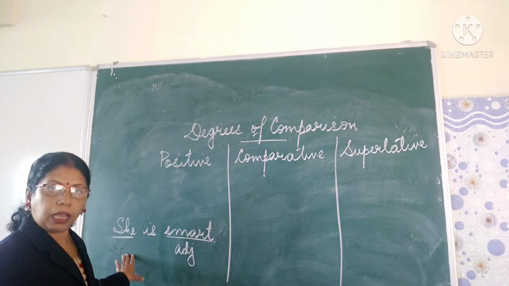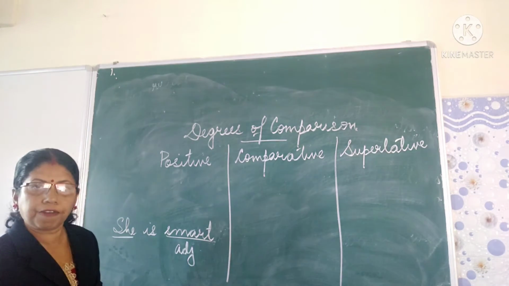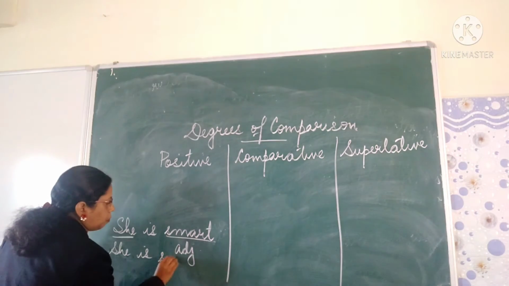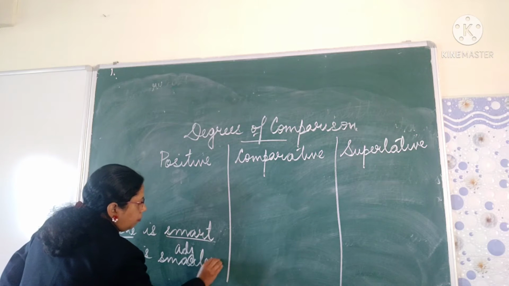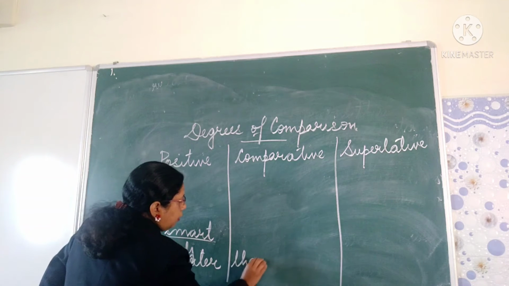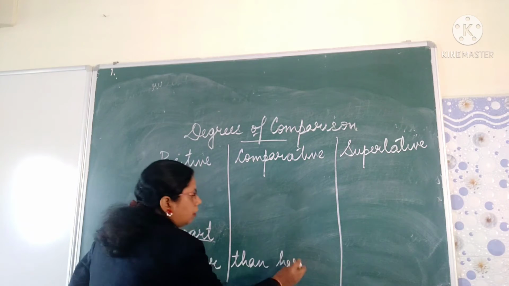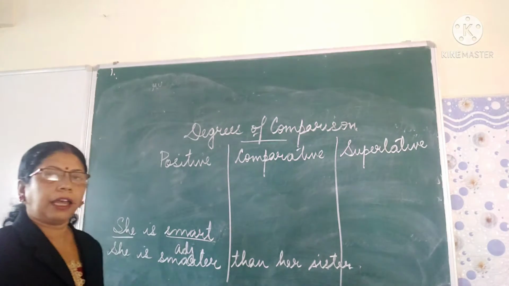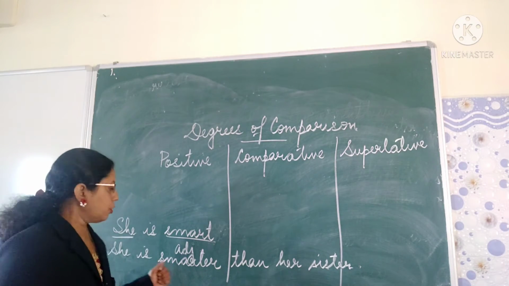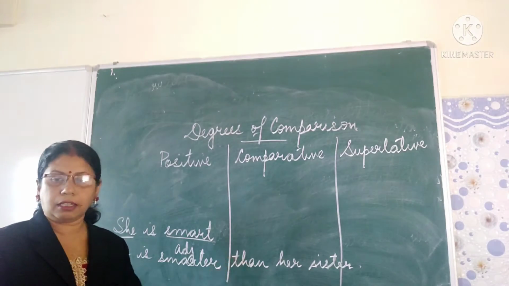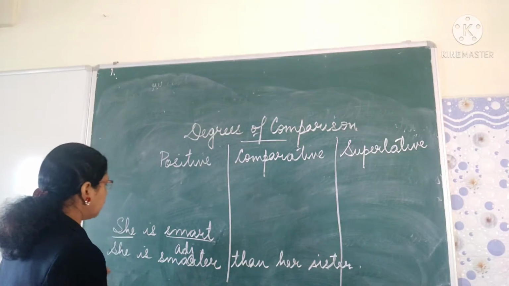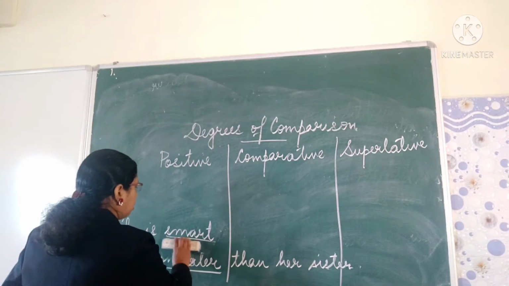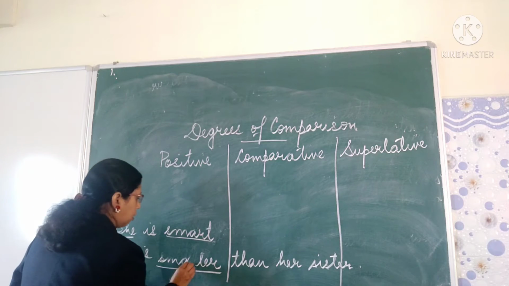Now suppose I compare her with her sister or her friend. She is smarter than her sister. So I have compared her with her sister, and I have changed my adjective from smart to smarter.